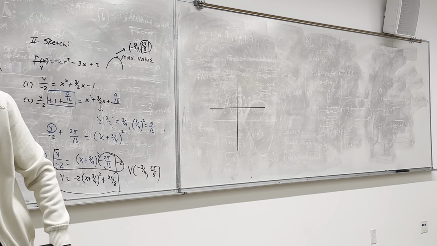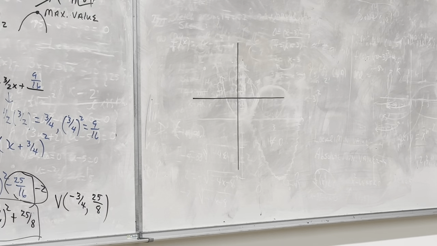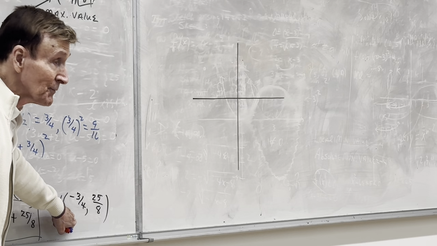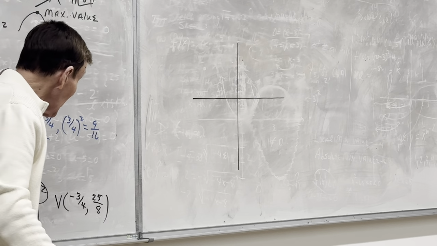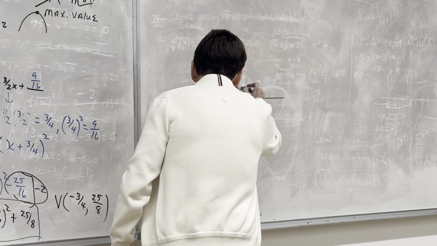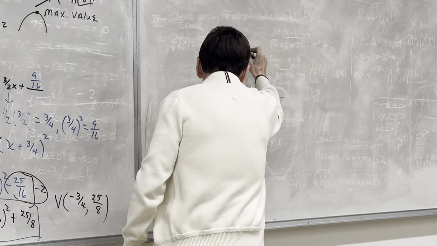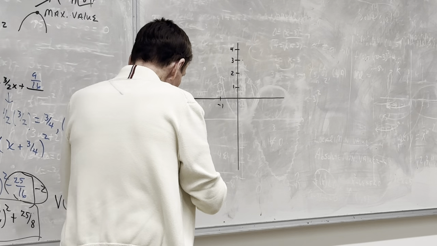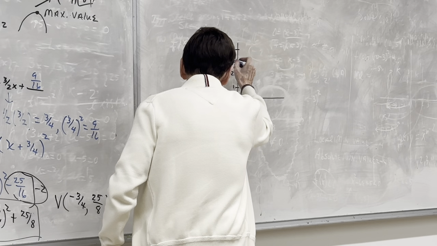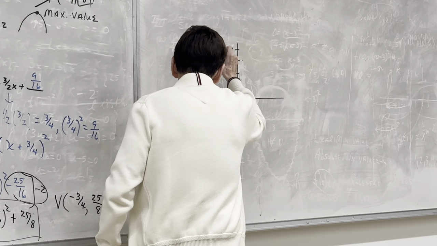I will do this though, since I'm not going to go through all the transformations. I know and you know if I plot this point, negative 3/4 up 3 1/8, I get that out of the way. Negative 1, 1, 2, 3, 4. Let me go ahead and plot that point. Let me use a different color here. Negative 3/4 up 3 1/8, because it says right in there. I'm going to label this as my vertex.